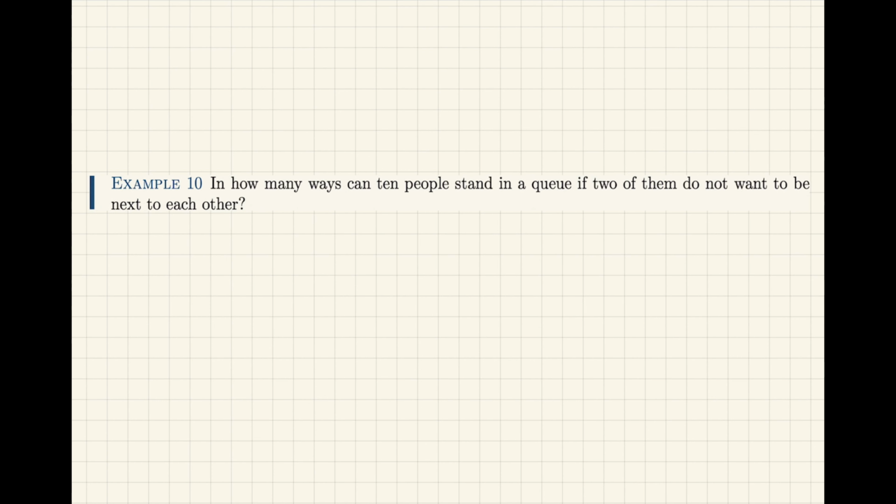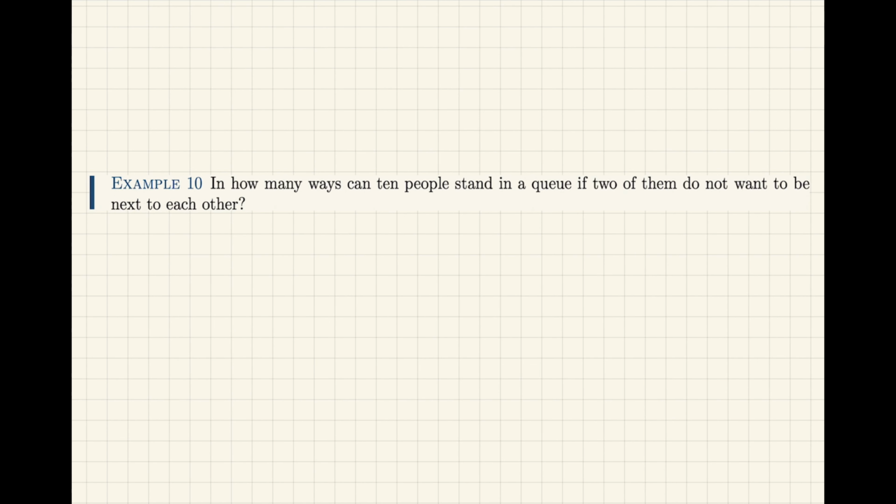So how many ways can I do that? Yes, I will come to this kind of problem later. I will give you a very nice way of how to solve this problem if there are more than 2 people that, for example, don't want to be next to each other. But before that, this is simple for us to solve. 2 of them do not want to be next to each other. So do you remember, I want to use the complement rule.